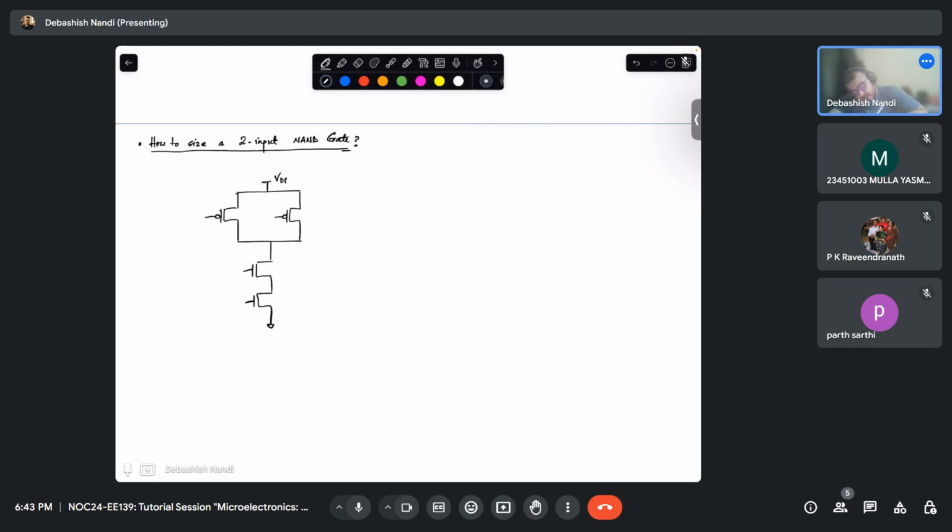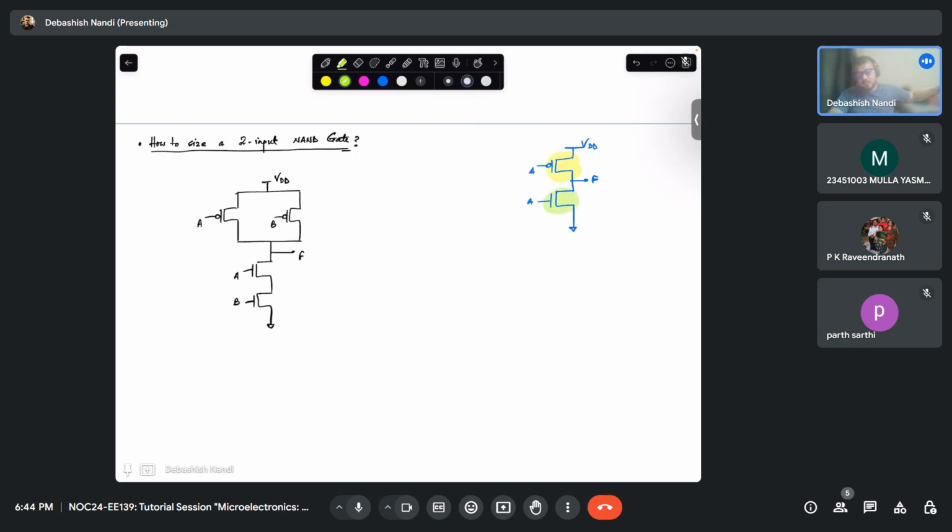This is VDD. Here I get my output. This is A, B. This is A, B. So what did we understand in our inverter course last week? This is our inverter basically, right? This is A, this is A, this is F, this is VDD, this is ground. So from now on, I want to visualize the inverter in a sense that this is my pull-up network and this is my pull-down network.